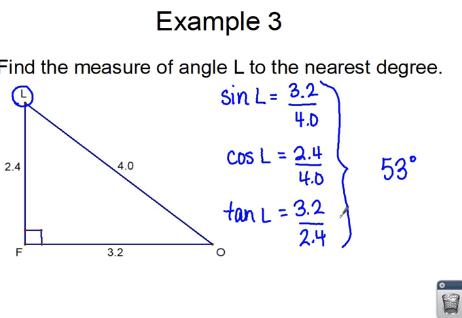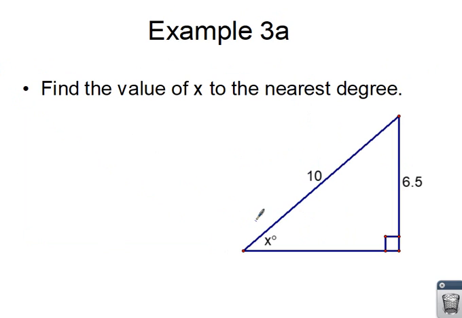For tangent, I hit second tangent, 3.2 divided by 2.4, and I get 53 degrees. So does it matter which one you use as long as you have all three sides? It's a good question to think about. Just make sure that you pick one and just do it. You just have to make sure you have enough to do it.